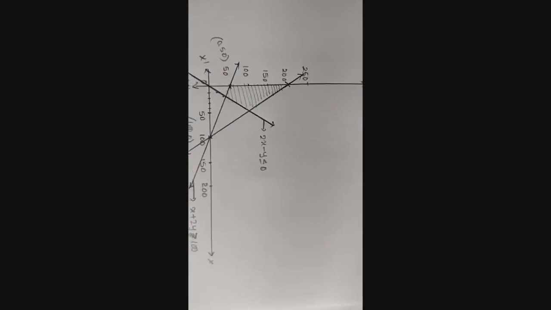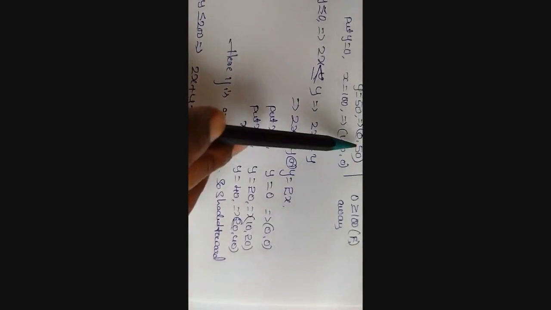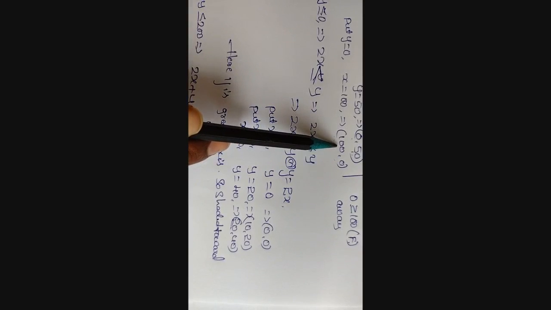By taking all the coordinates, next we have to draw a graph. Okay dear students, this is your graph. By taking the coordinates, the first coordinate is 0 comma 50, mark 50 on the y axis, and 100 comma 0, mark on the x axis.